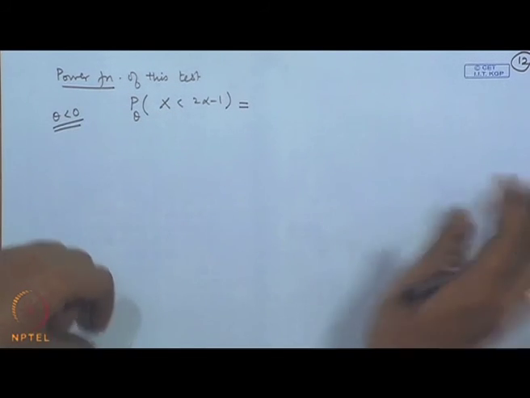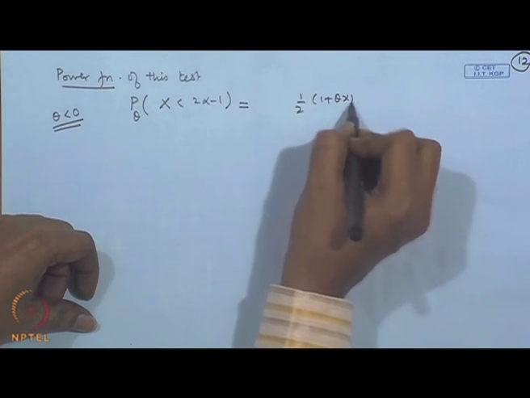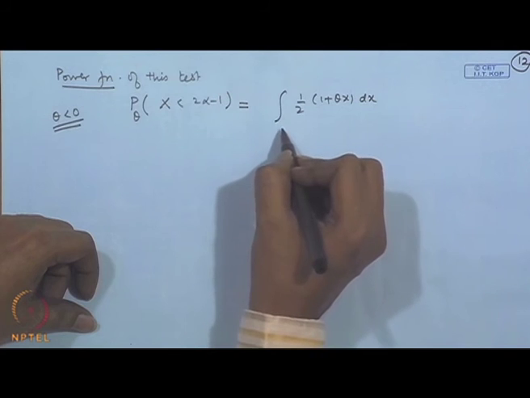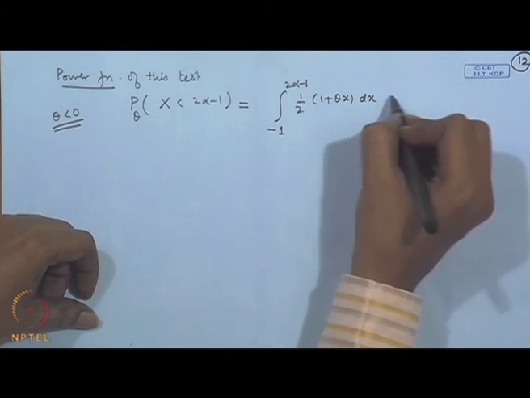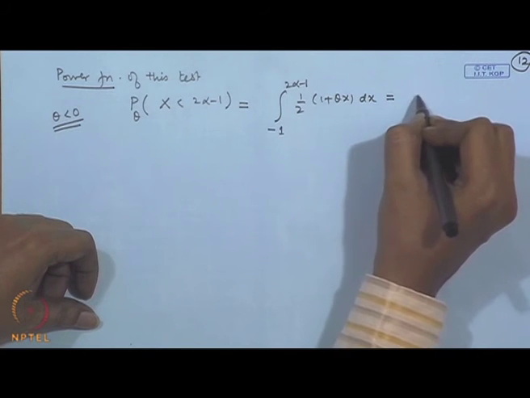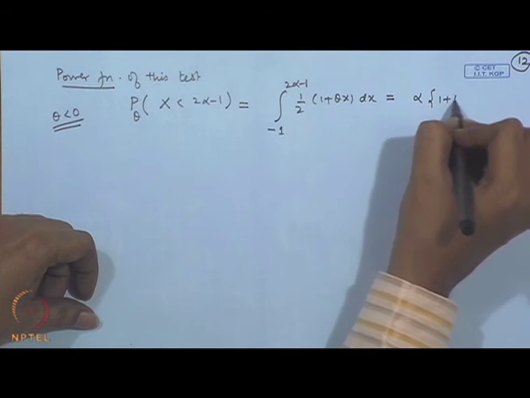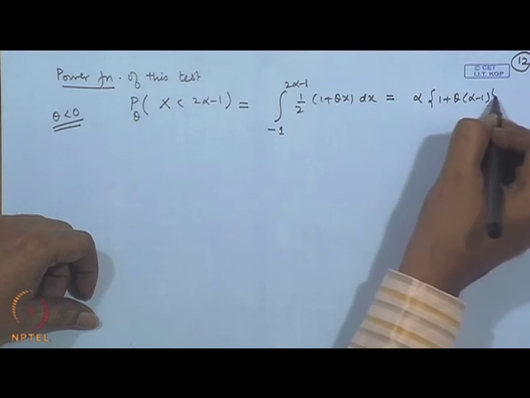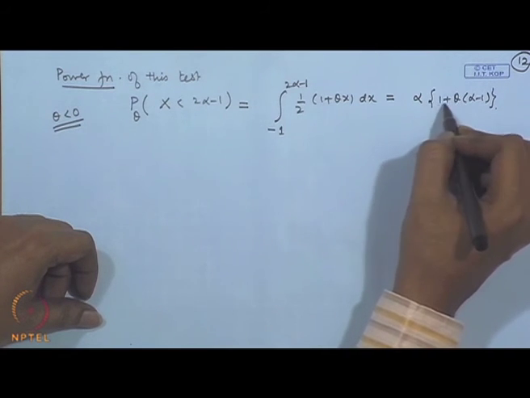So, in this case the density is half 1 plus theta x. So, we integrate from minus 1 to twice alpha minus 1. After simplification this value turns out to be simply alpha into 1 plus theta into alpha minus 1. So, you can see at theta equal to 0, this is exactly equal to alpha.